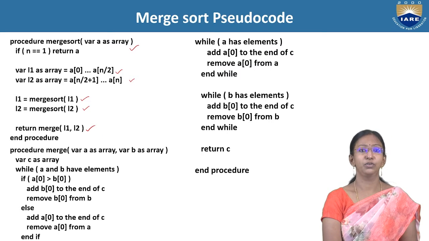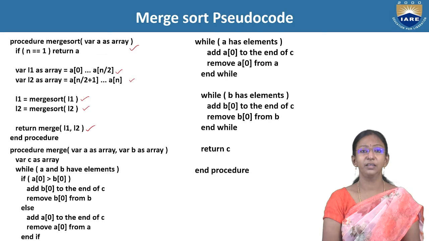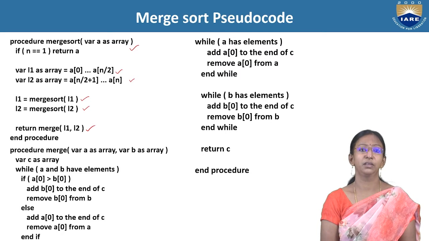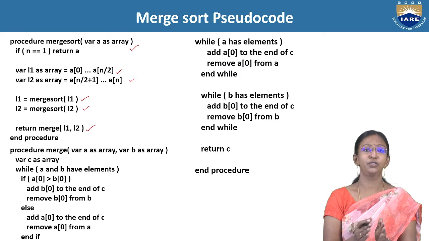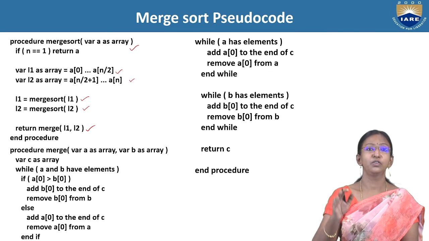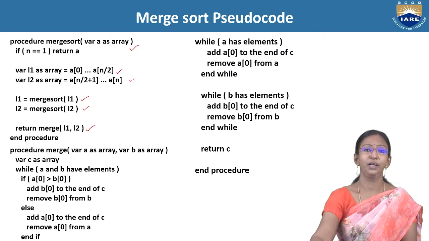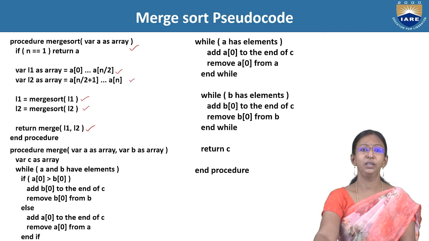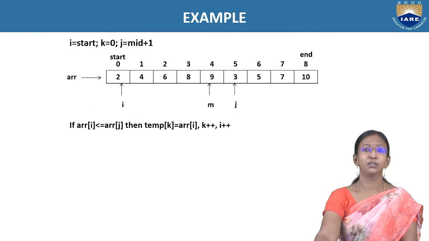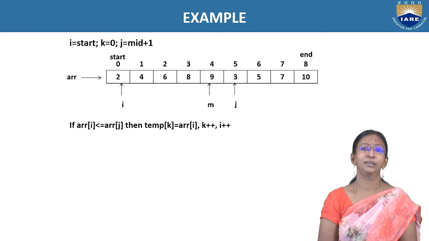And here goes the merge function, which says compare the elements in the two halves and merge them to get a semi-sorted list, right? So this is the basic pseudocode of merge sort, right? So let me explain with a small example.